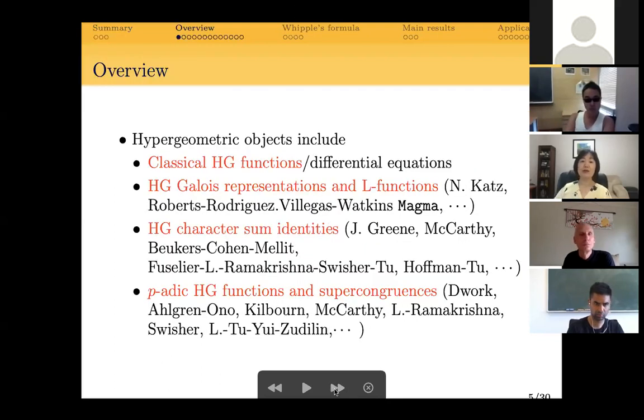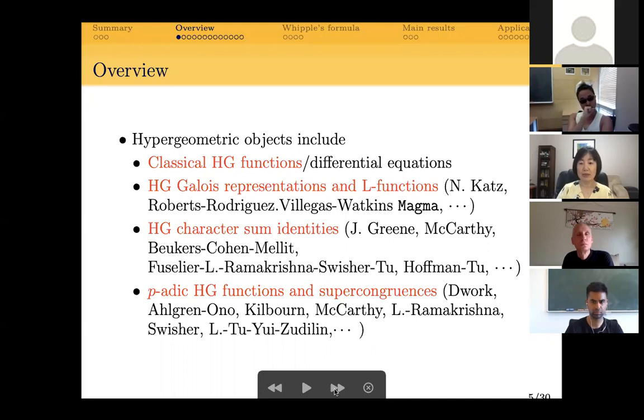So hypergeometric objects have been developed from the classical hypergeometric functions and hypergeometric differential equations, back to the time of Gauss, Kummer, etc. And in the 90s, there was development on hypergeometric Galois representations and L-functions, starting from the work of Nick Katz.